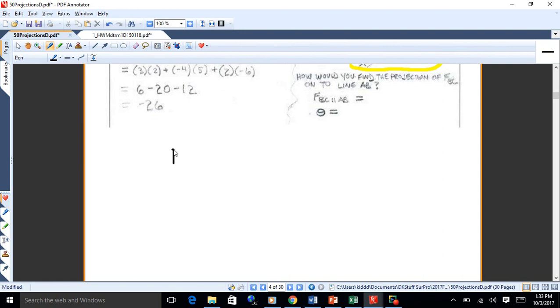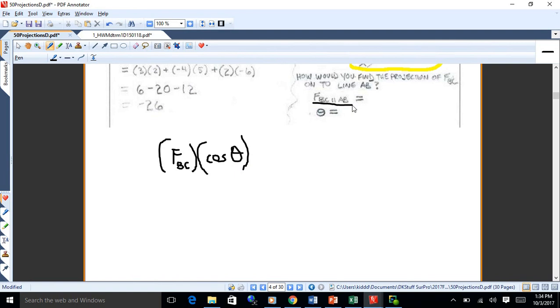We want to start with that. And then what we want to do is multiply that times the cosine of that angle. Like so. That's what FBC parallel to AB is.